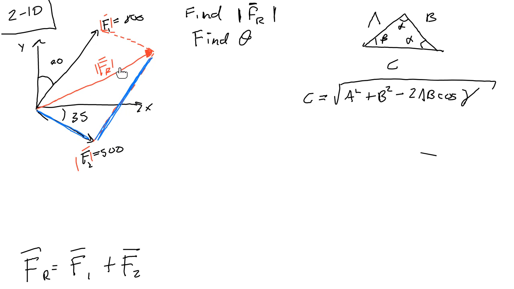So it'd be nice if we knew what this angle over here was, the angle opposite to it, because that's how the law of cosines works. Notice that it uses the angle opposite to whatever side.